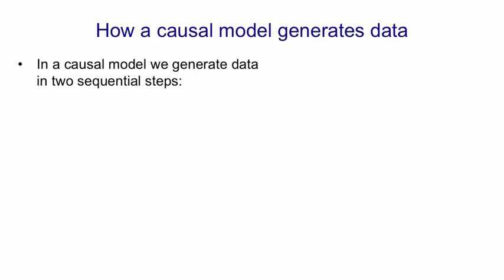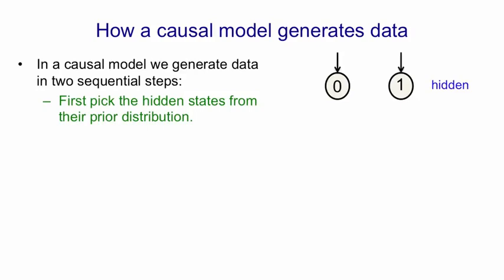So in a causal model, we use two sequential steps. These are the latent variables, or hidden units, and we first pick the states of the latent variables from their prior distributions. Often in a causal model, these will be independent in the prior, so their probability of turning on, if they were binary latent variables, would just depend on some bias that each one of them has.